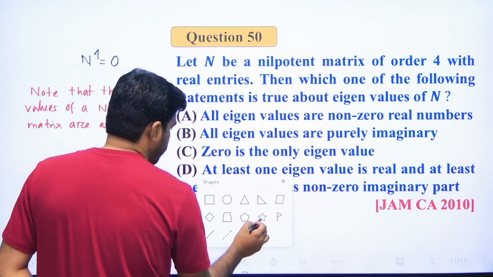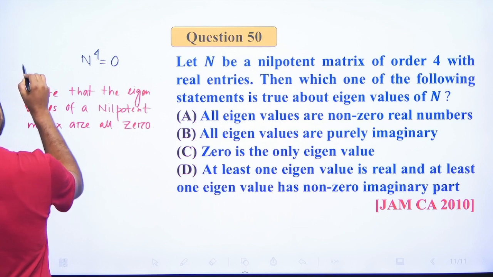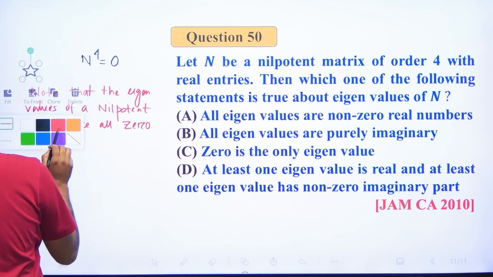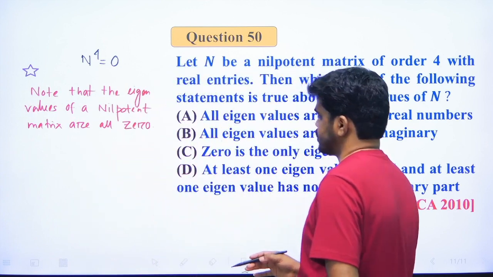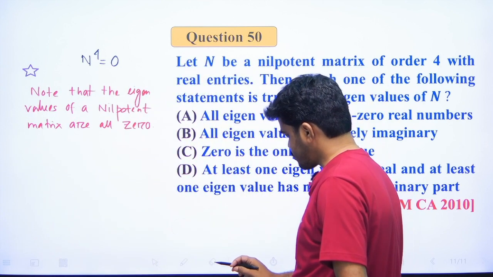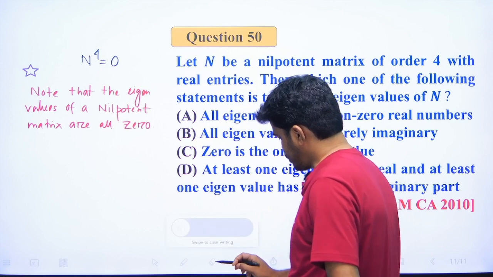It is a very, very important point. The eigenvalues of a nilpotent matrix are all 0, so option C is the correct answer. Just see why, you can check it.